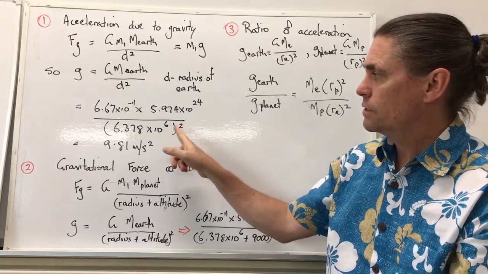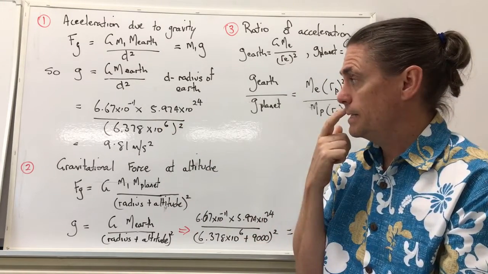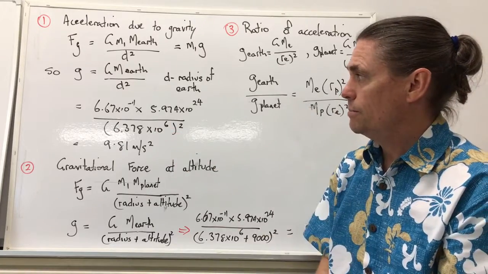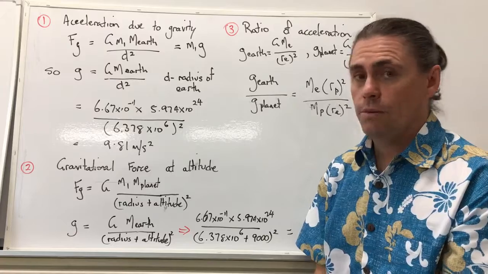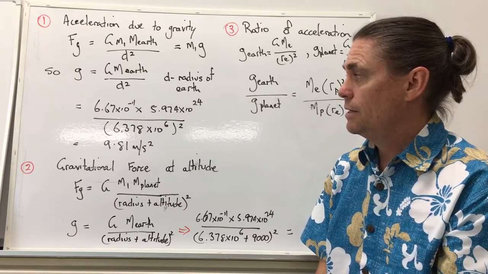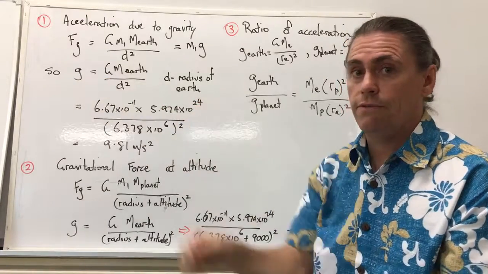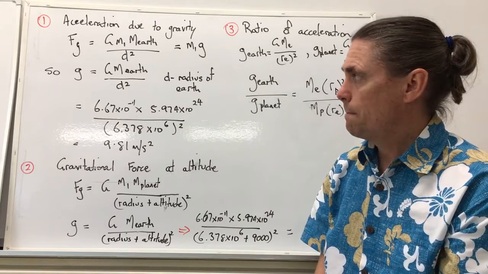And obviously we've got to square this distance between the centres of the objects, so we square the bottom. If we work through this calculation, we find that we get a value of 9.81 metres per second squared, which is the acceleration due to gravity on the surface of the planet.